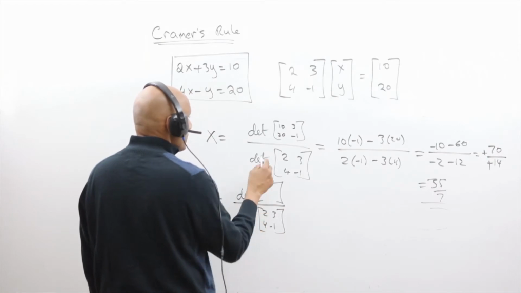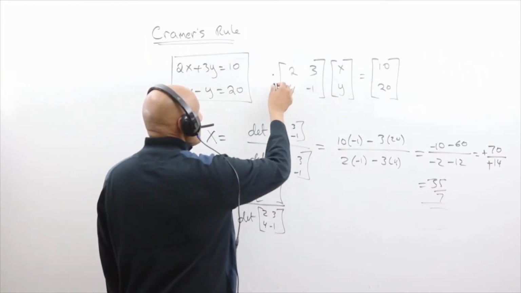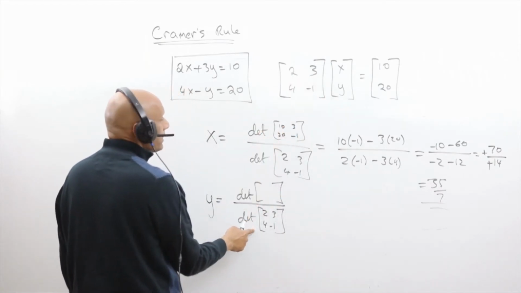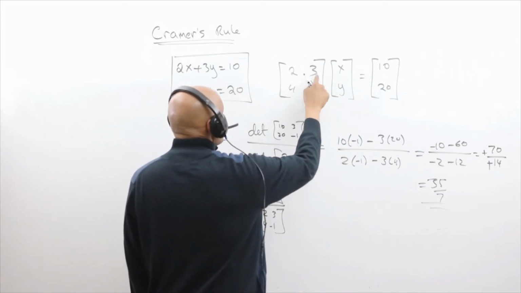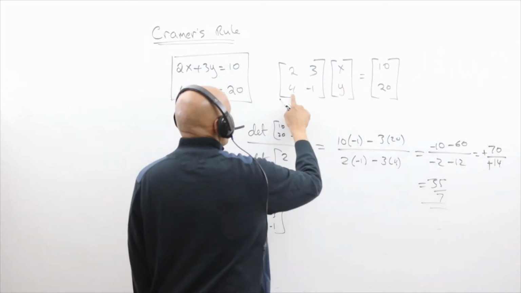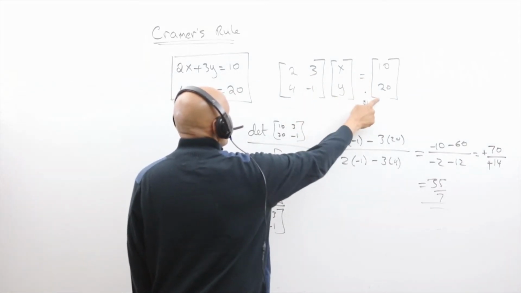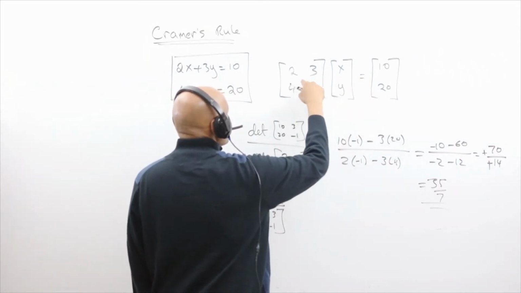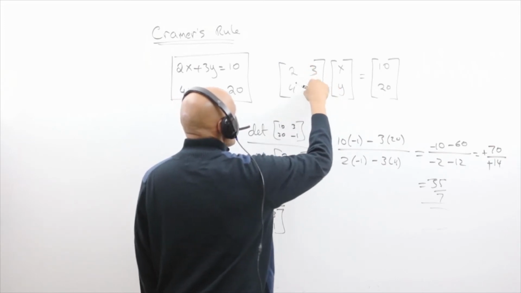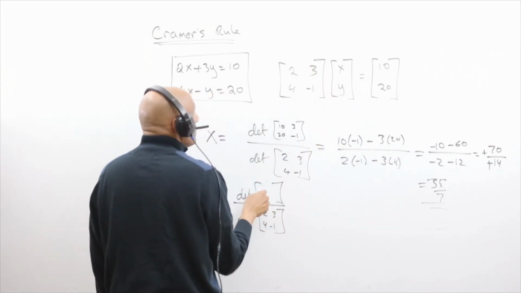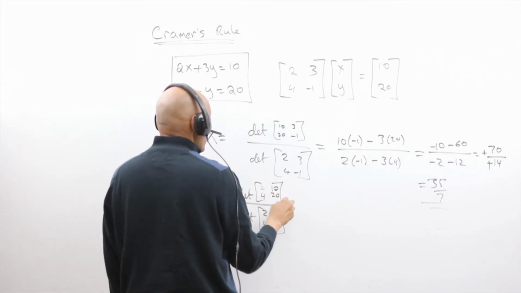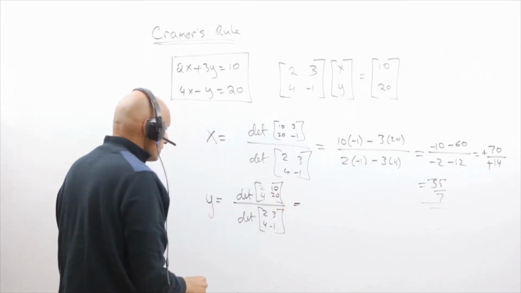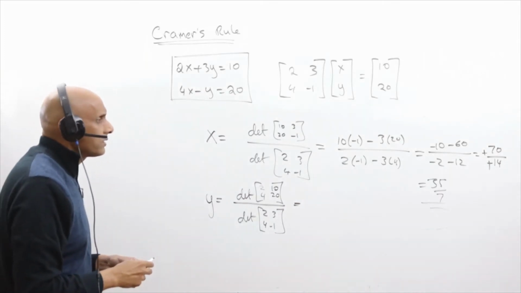And the top matrix, we take the original matrix and look at the system of equations, 2x plus 3y equals 10, 4x minus y equals 20. This column right here is associated with y. We're going to replace this second column with 10 and 20. So we get a matrix of 2, 4, 10, and 20. This is a solution of x and y.